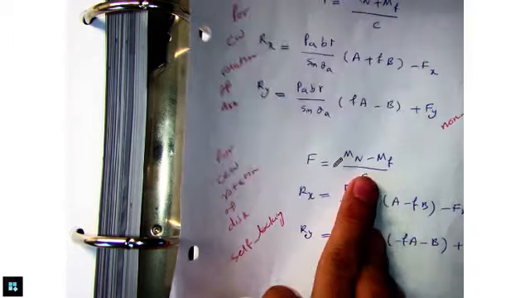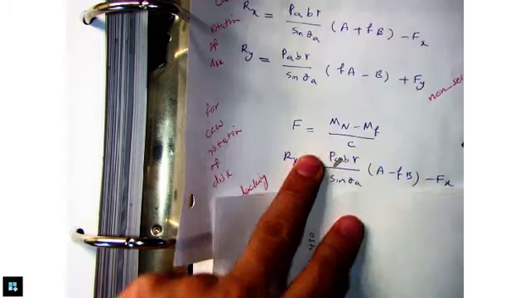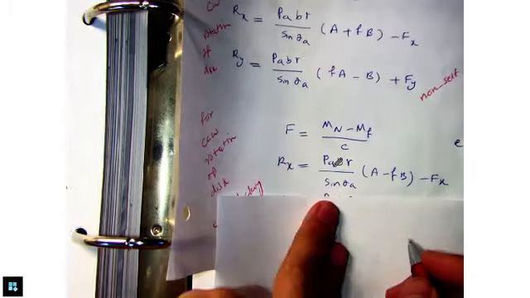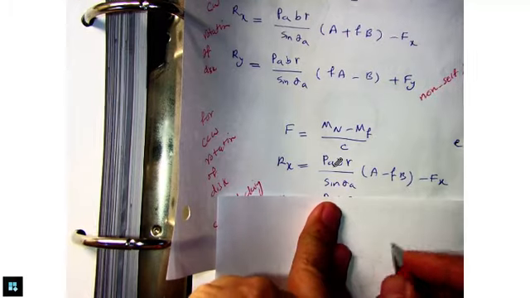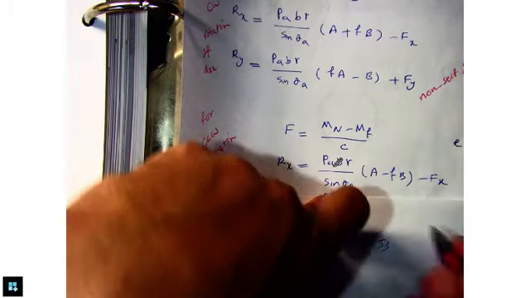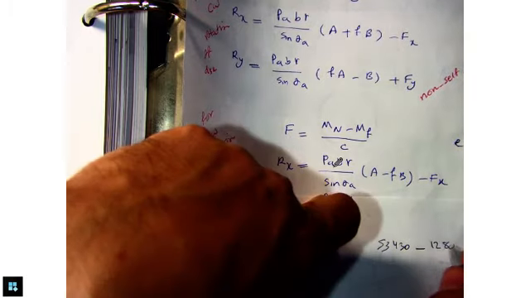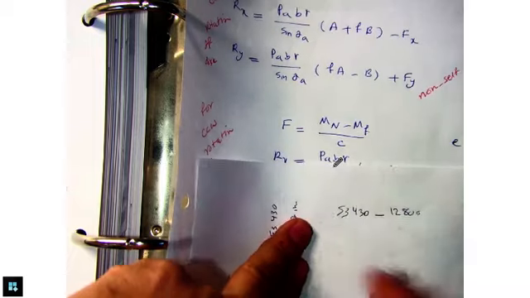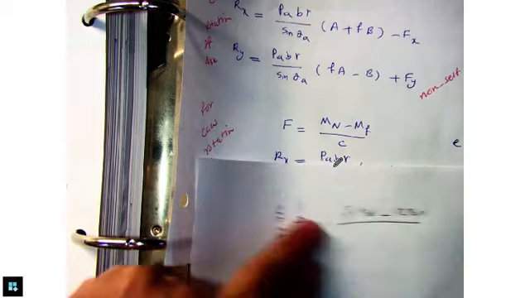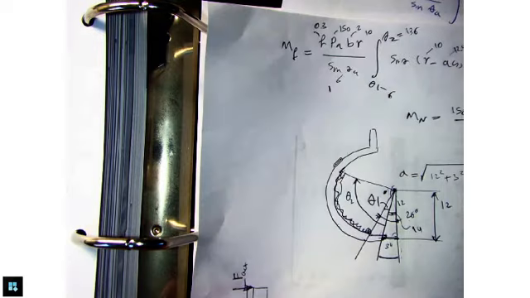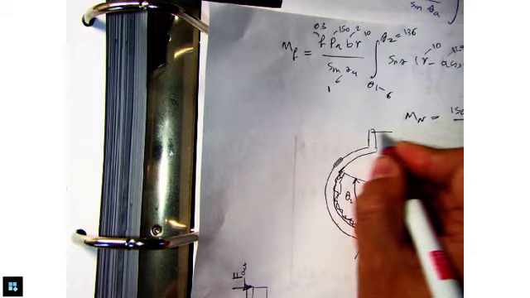All right, we are there. So we know that the left one is self-energizing, so the force, MN was 53,430 minus MF was 12,800, divided by, what is my c? C is the distance between my force and my hinge, measured based on the direction of my force.